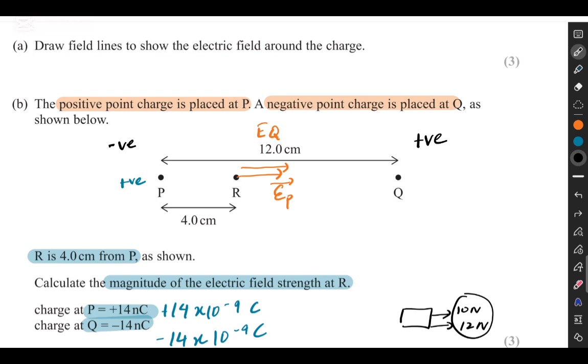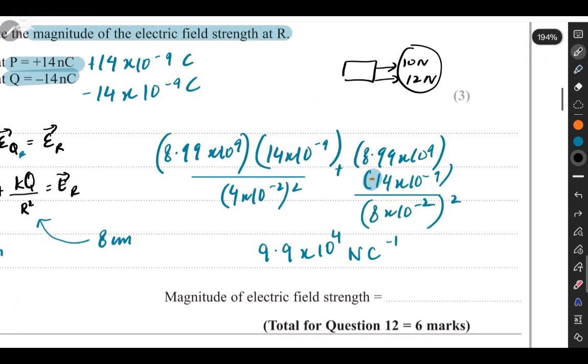So let's say that these two are acting to the right, so they must be positive. That's why I ignored the negative sign. But if you want, you can put it there, but then later on you will have to ignore it. You will just have to add their magnitudes.